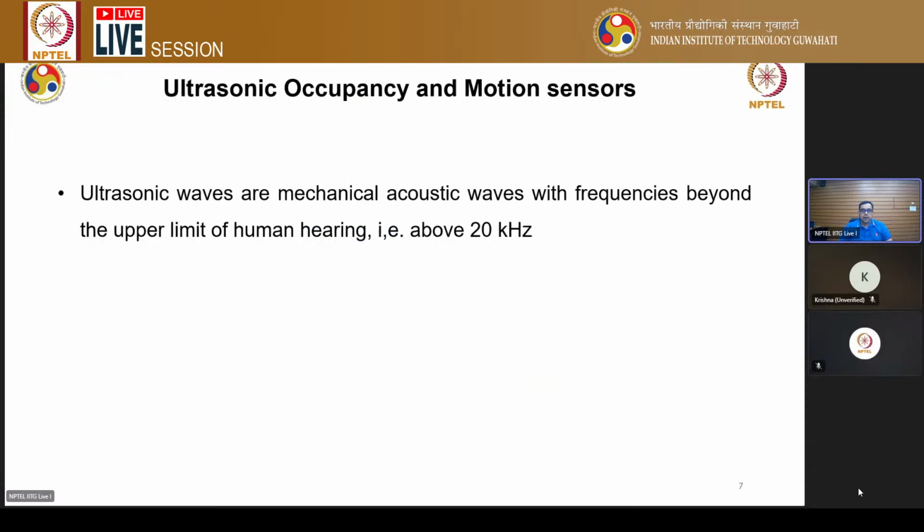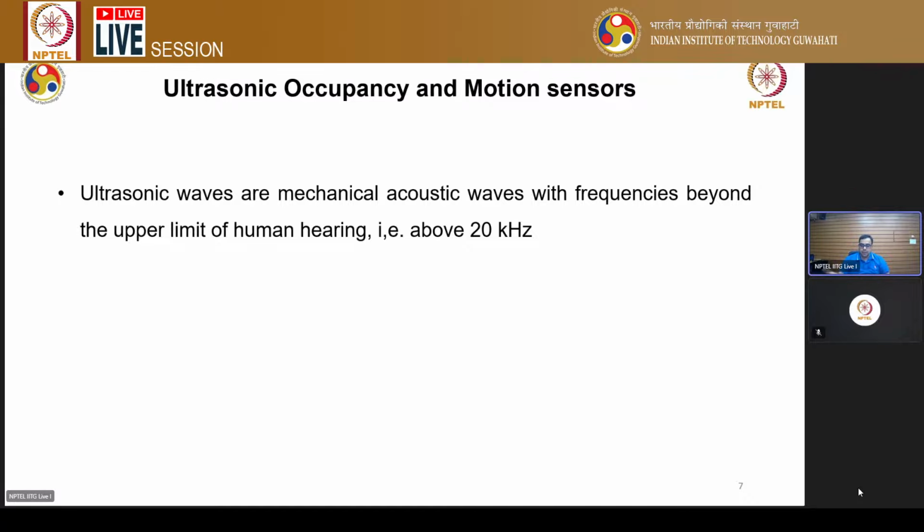We have discussed the ultrasonic occupancy sensor in detail, and I will give an overview so that you understand this Doppler effect, not only in ultrasonic but also in microwave.